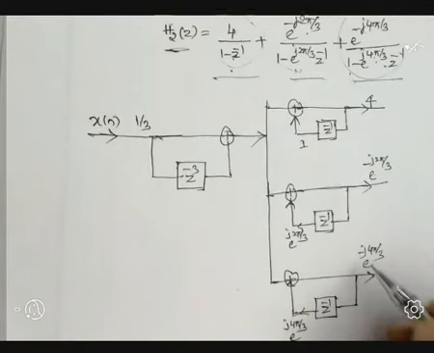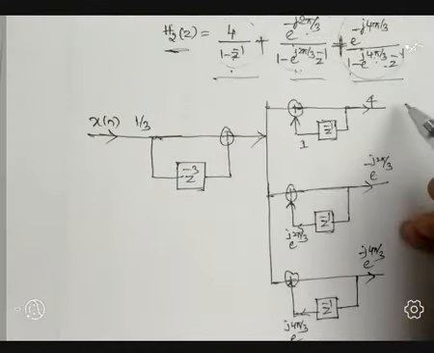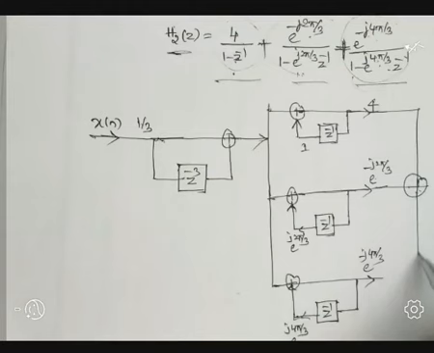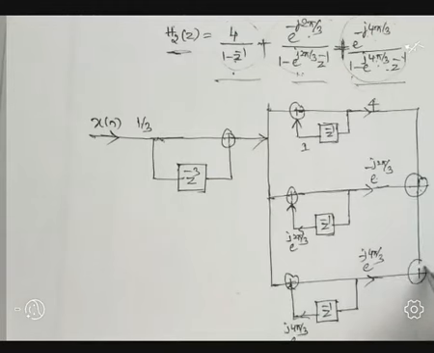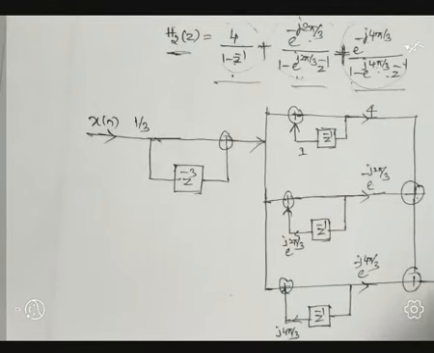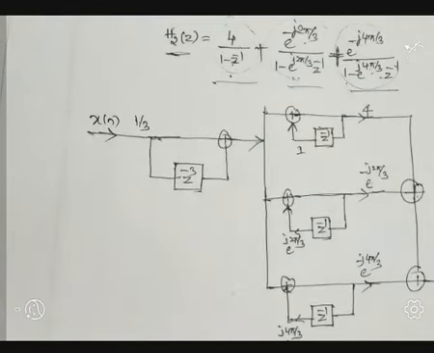All these are added, correct? All these are added. So let us add all these values, plus, then this is added plus, and the overall result is called as y of n.